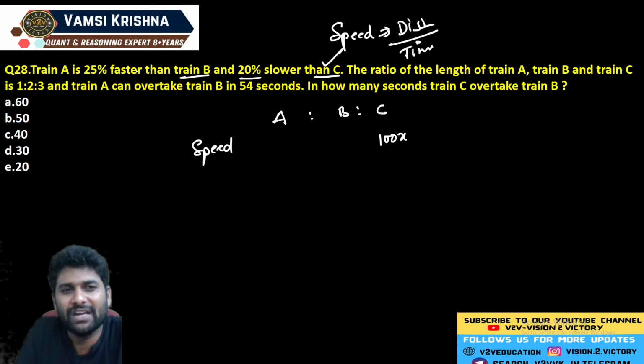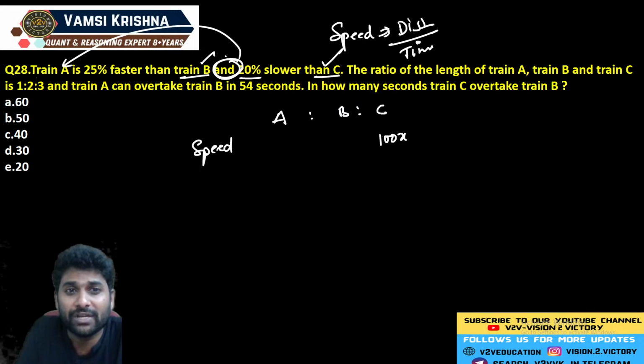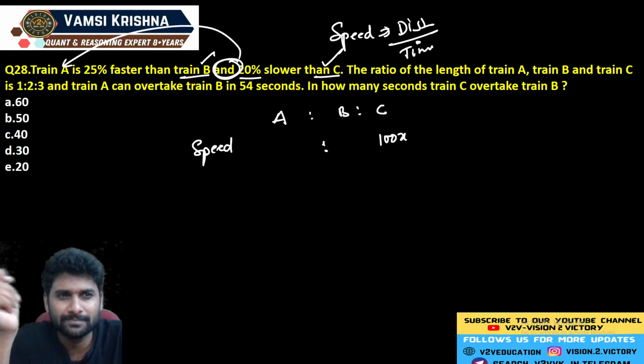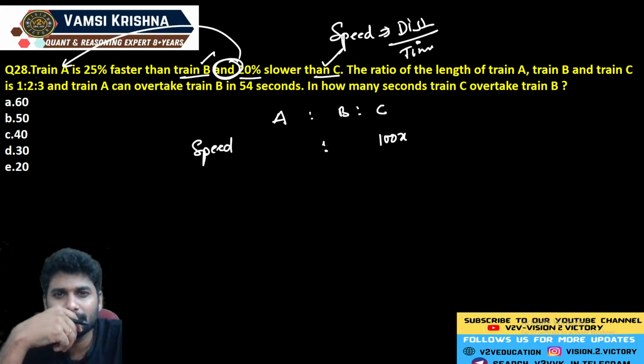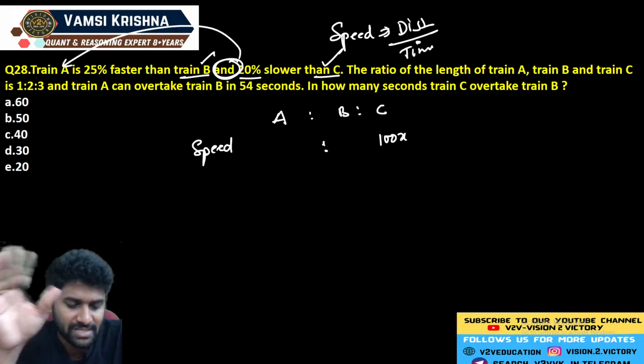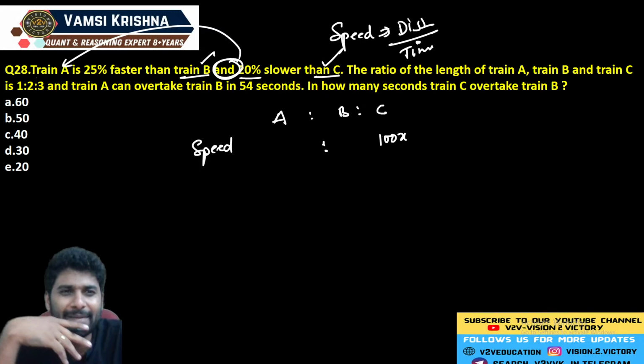Now train A is 25% faster than train B. Here A is again represented as A, don't assume it is B. Train A is 20% slower than train C, guys. Is it clear? Now you just tell me what is the ratio of train A, train B and train C.